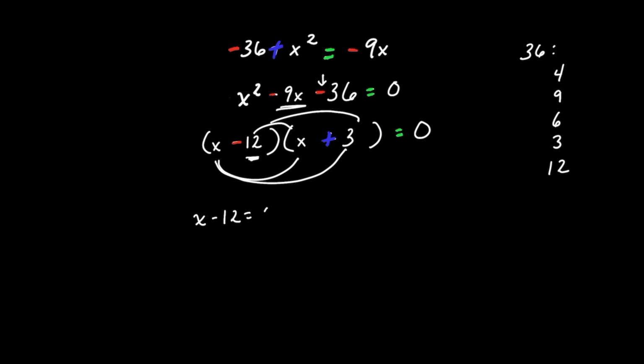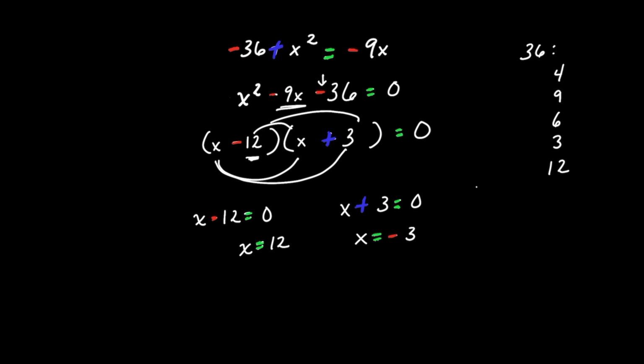So now we're going to take x minus 12 to be p and our x plus 3 to be q, and we're going to set each of them equal to 0. So when we do this to solve for x, we end up adding 12 to both sides and end up with x equals 12, and adding minus 3 to each side and getting x equals negative 3. And these are our roots, and they solve the equation and make the equation true.